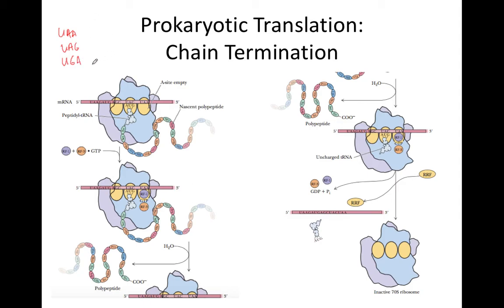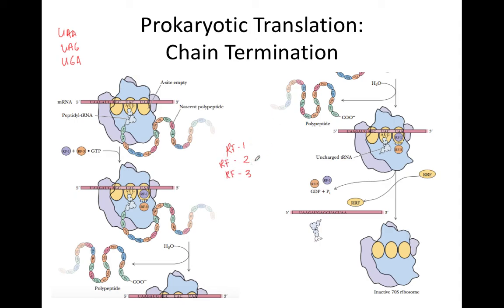These three stop codons are found on the mRNA such that once you see them, for example, here you have UAA, they do not have a tRNA specific for them. Rather, they are recognized by release factors. So we have three release factors. They are RF1, 2, and 3. So very conveniently named.